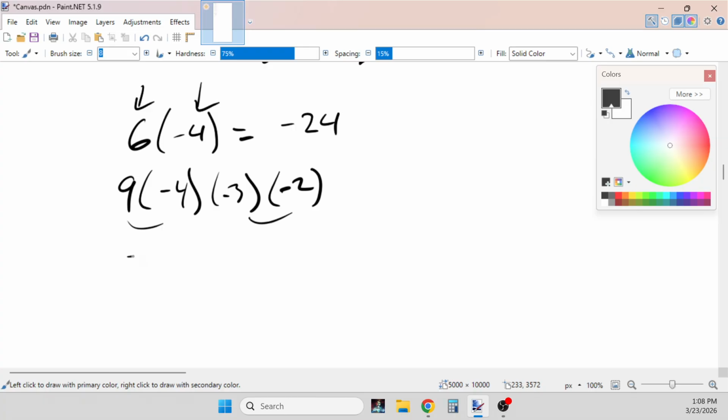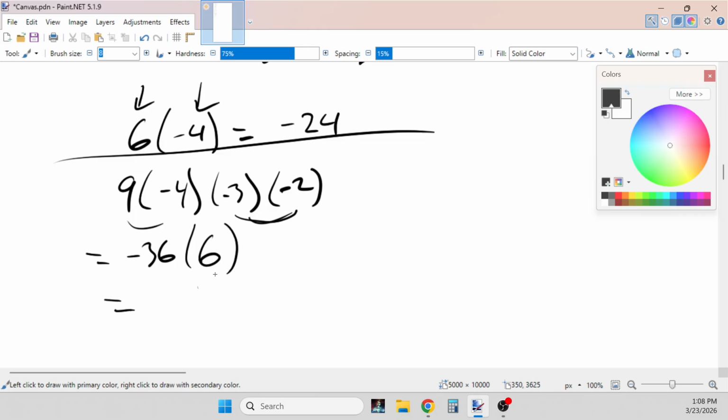This has one negative sign, so negative 36. This has two negative signs, so it's going to be positive 6. And then 6 times 6 is 36. 6 times 3 is 18, plus 3 is 21. And we have a negative sign, so there's our answer. Your numbers won't get as big as 3 digits, but c'est la vie.